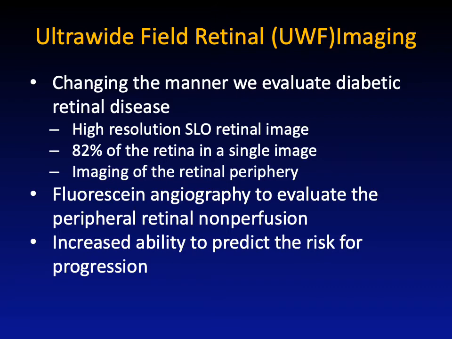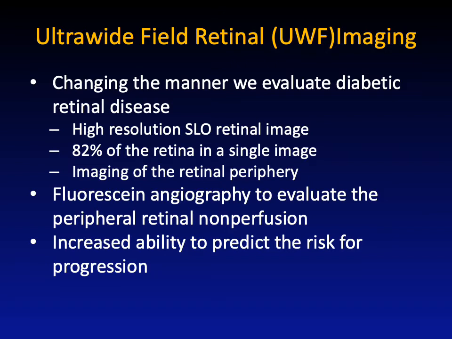Now, coming to ultra-wide field imaging, it has really changed how we evaluate and understand diabetic retinopathy. It utilizes a scanning laser retinal imaging device and allows the visualization of approximately 82% of the retina in a single image, and allows the imaging of the retinal far periphery.